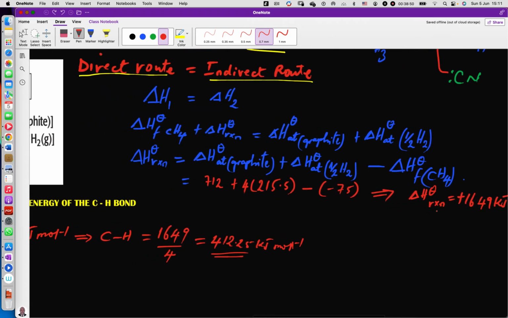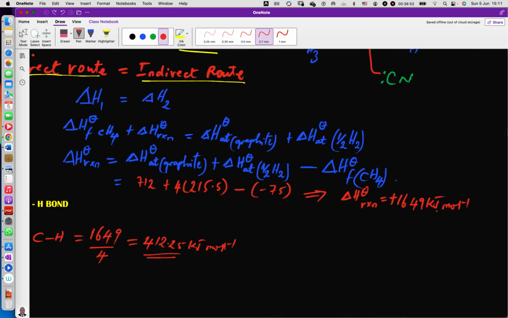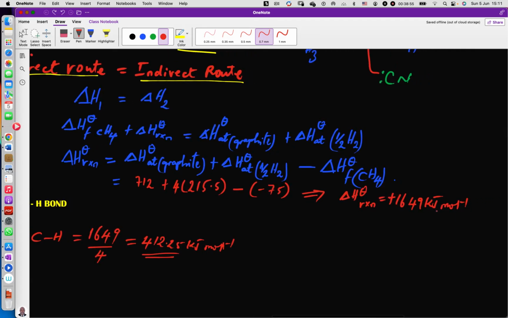Okay, that is not the average bond energy for the CH bond.